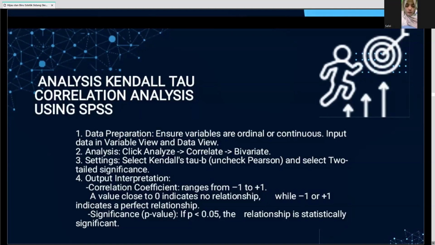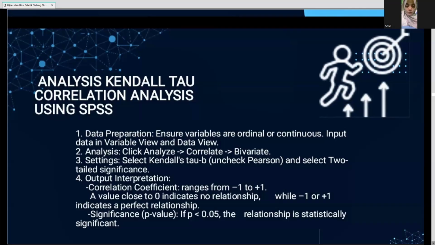Fourth, output interpretation. After running the analysis, SPSS will show the output. There are two important parts. First, the correlation coefficient. The value ranges from -1 to +1. A value close to 0 means there is no relationship. A value close to +1 means a strong positive relationship.